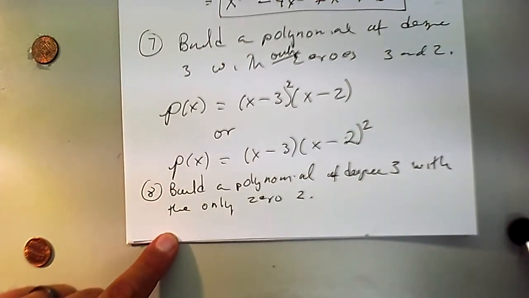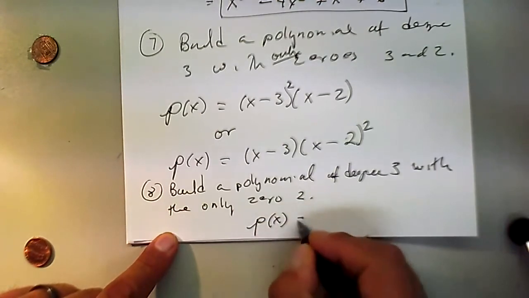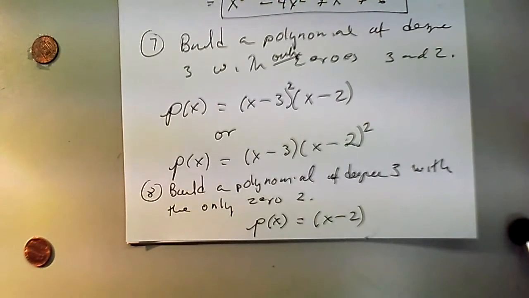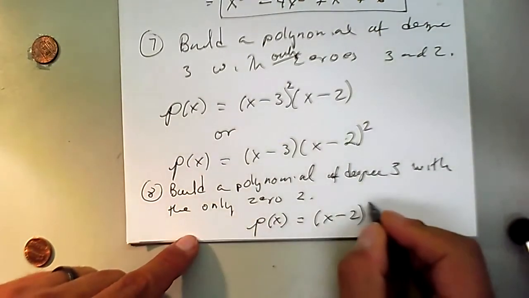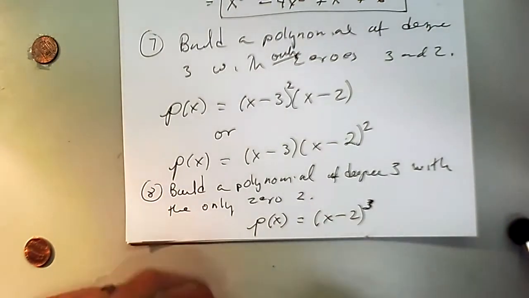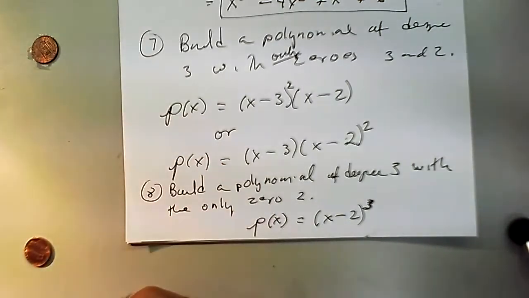So just the 2. Okay, so the only factor we may have is x minus 2. That's it, no other factor. But we want the polynomial to be of degree 3. All you have to do is cube it. And then you're all set. Well, we might have to multiply it out, FOIL it out, and all that, but that's about it.